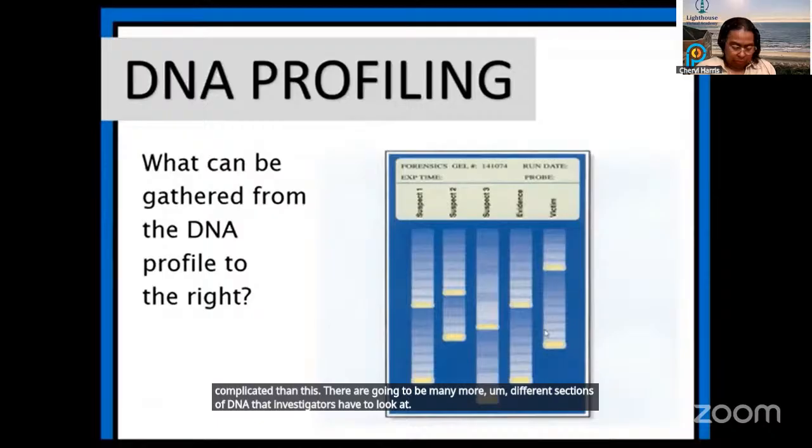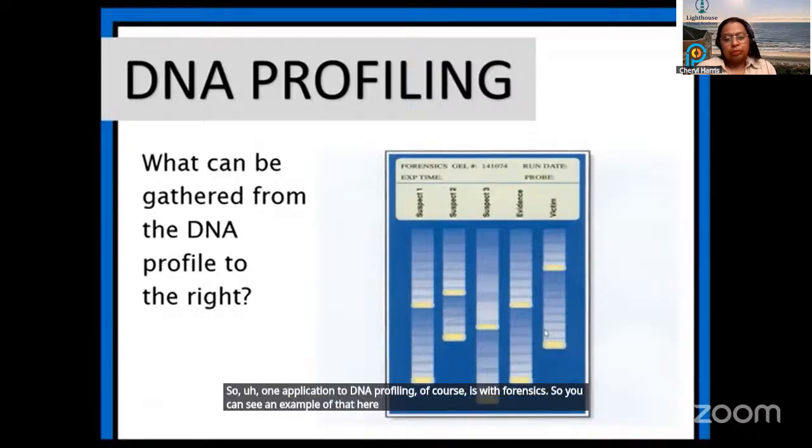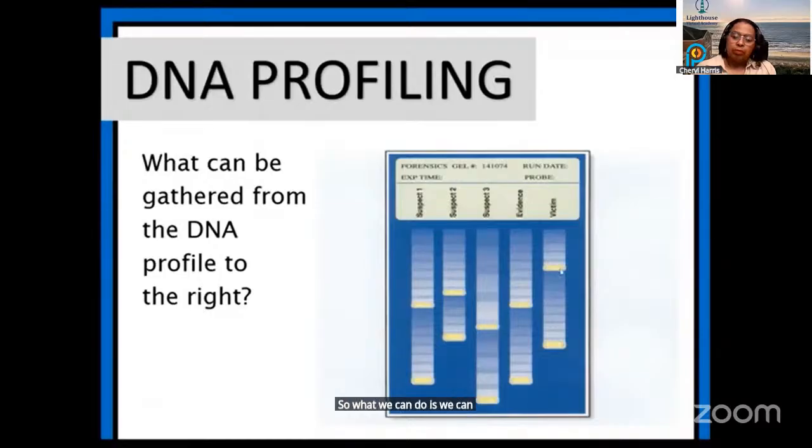One application of DNA profiling, of course, is forensics. You can see an example of that here. We have DNA that's collected from a victim. We also have DNA that's collected as evidence from the crime scene. And it looks like we have 3 different suspects. What we can do is match the markers of the evidence DNA to the victim.